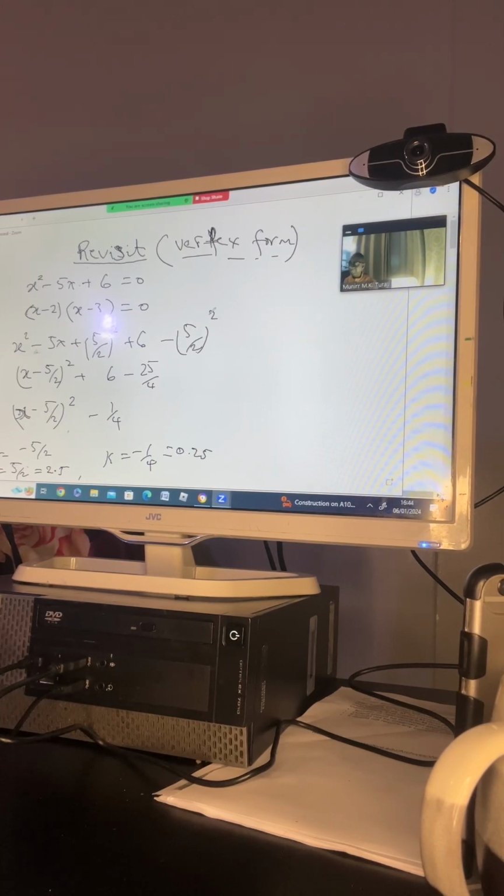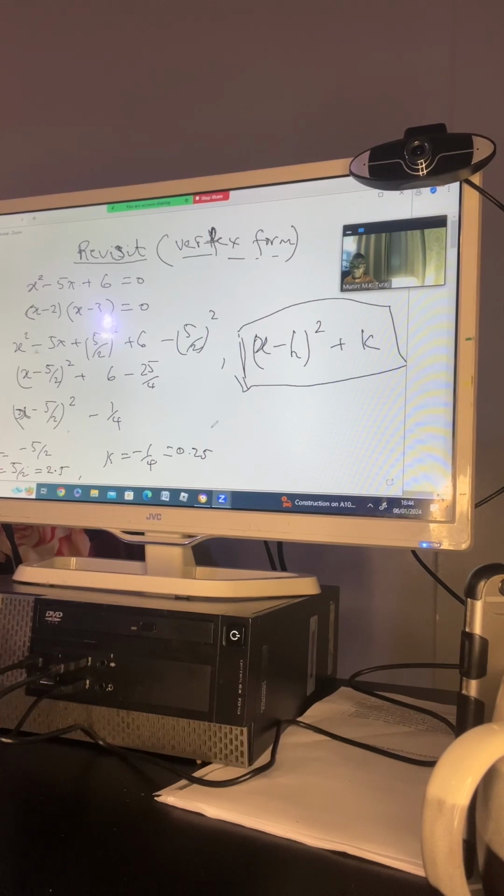When you factorize using the vertex form, you get something like this: y equals (x - h) squared plus k. This is the formula, the vertex form. So we have k equals minus 1/4 for this equation, and this h inside here is positive, we have it 2.5. So 2.5 and minus 1/4.